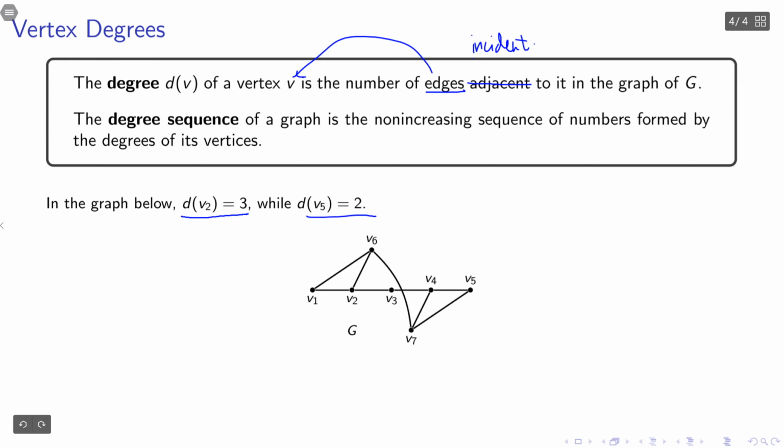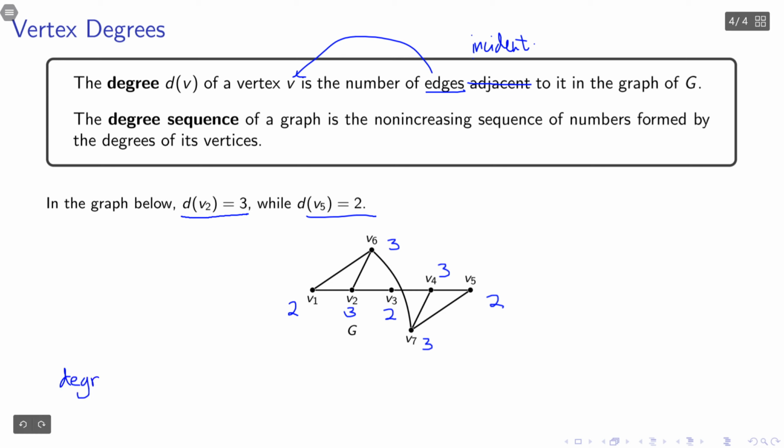And so if I were to list all the degrees of all these vertices here, so v1 would have degree 2, this is 3, 2, 3, 3, 3, and 2. Then the non-increasing sequence of numbers formed by these 2s and these 3s here, that's going to be called the degree sequence of the graph.